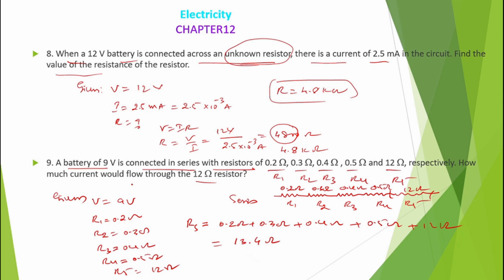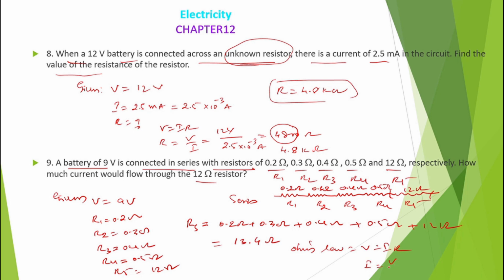Now current we have to calculate. How much current is passing through it? So that means Ohm's law, V is equal to IR. I we have to calculate.